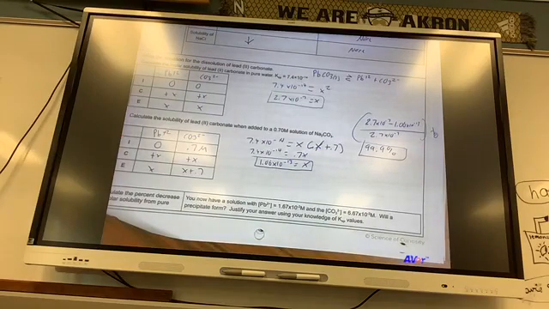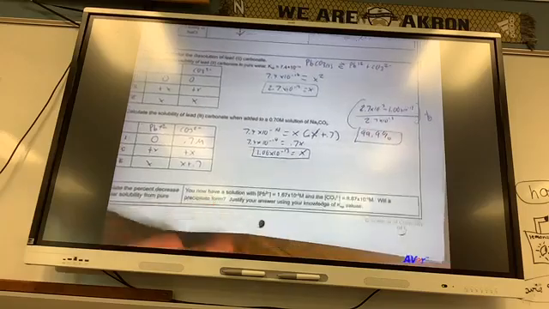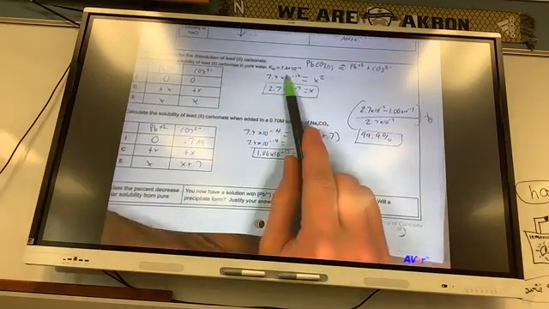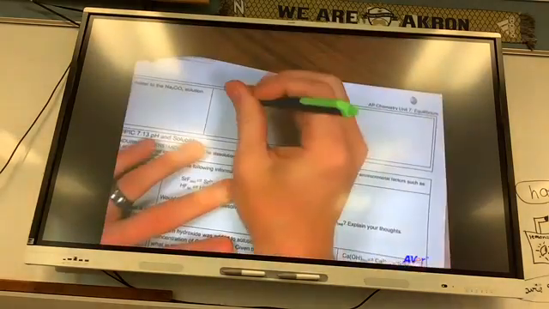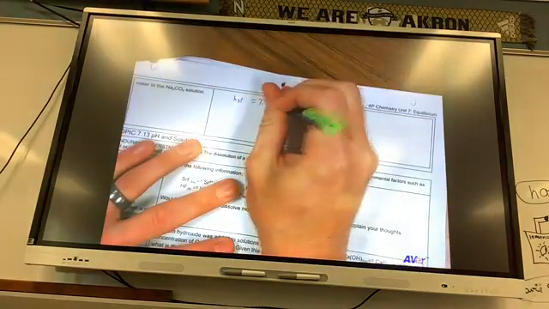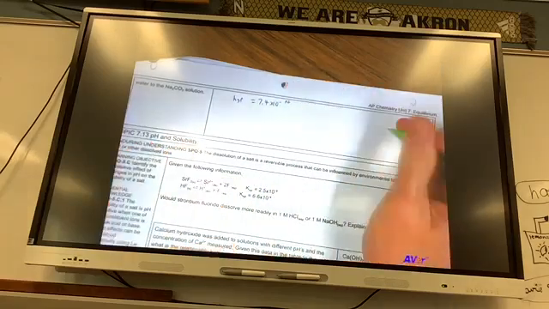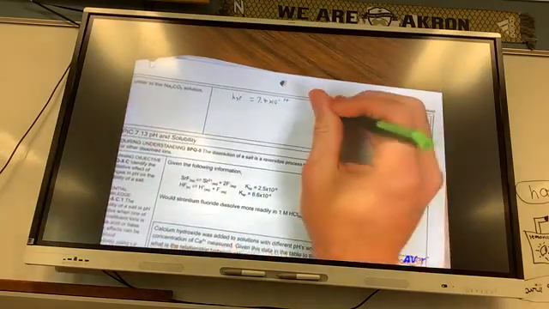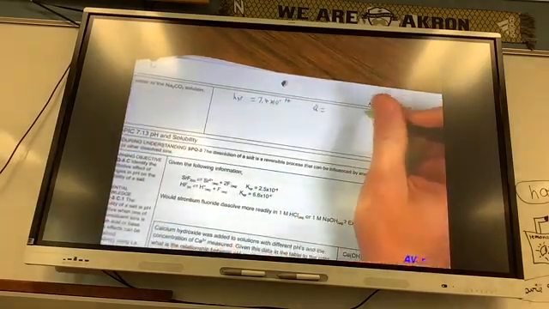How do I know? Well, my KSP is 7.4 times 10 to the negative 14th. So if KSP is 7.4 times 10 to the negative 14th, my Q equation would be those multiplied together.